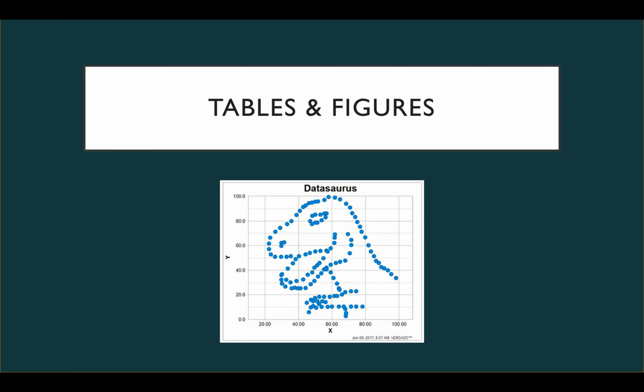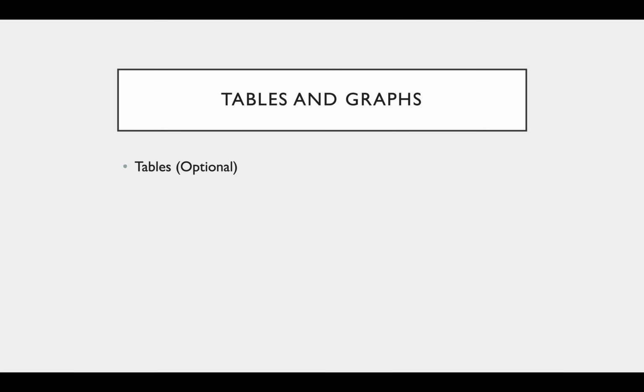Okay. So let's go on to talk about how to do tables and figures for your papers. So your tables, any kind of tables you do are completely optional. You definitely do not want to just copy and paste anything from your SPSS output, any kind of tables or any kind of graphs, and just put them into your paper.